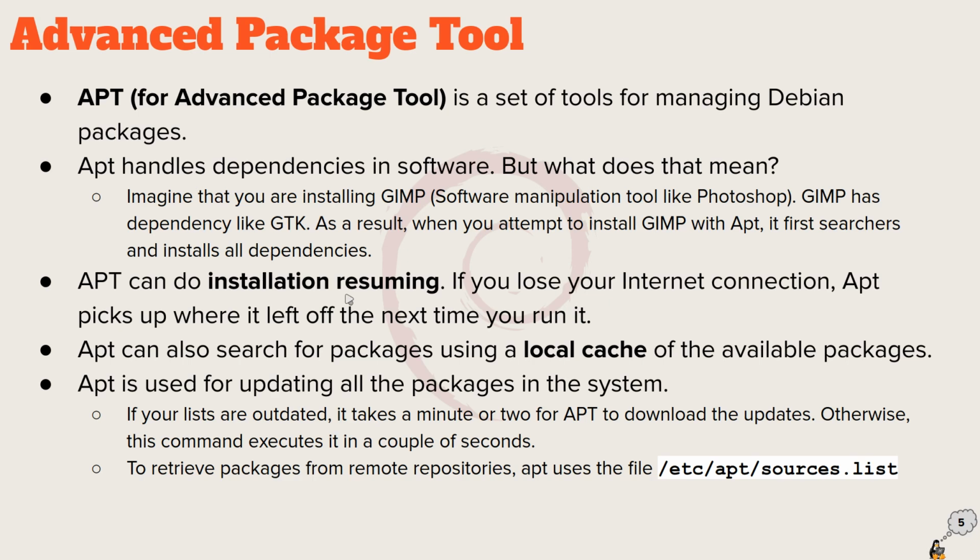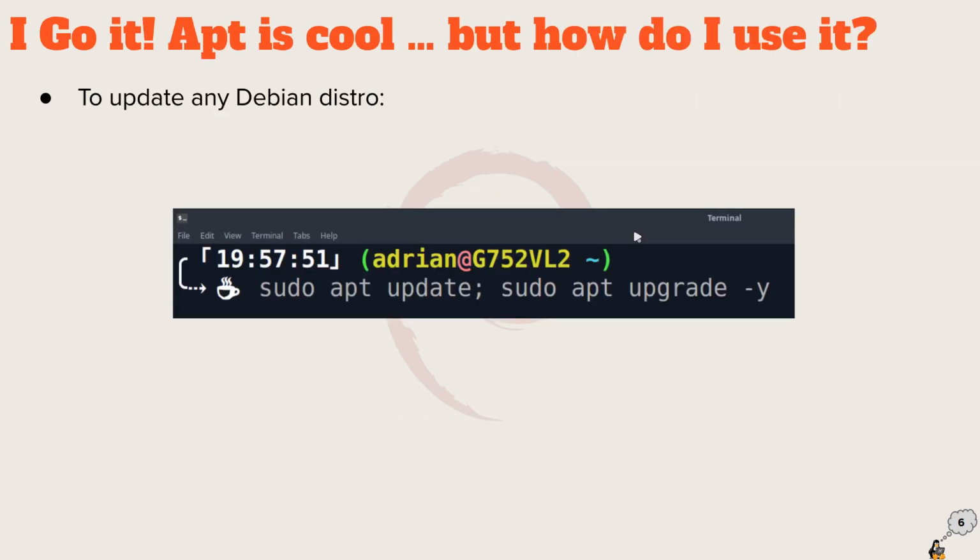Now, one more thing that I'd like to mention is that when the list of repositories is outdated, APT first needs to update that list of repositories, and then it can search or install applications from it. When that happens, it might take a little longer for your application to install. Not a lot longer, just a little bit. But when your list of sources is up to date, the installation normally goes pretty quick.